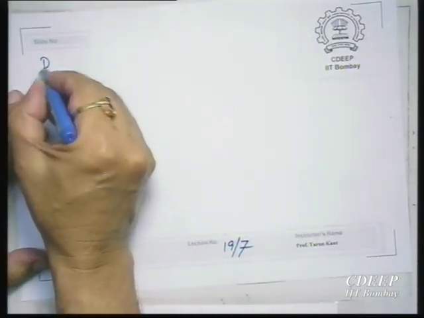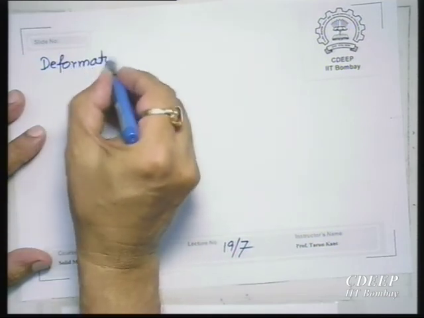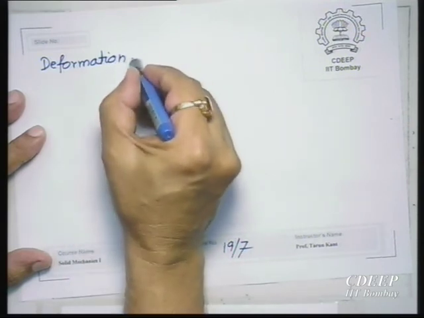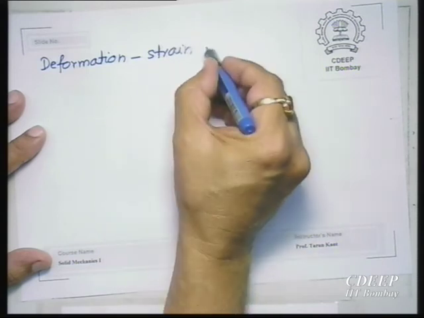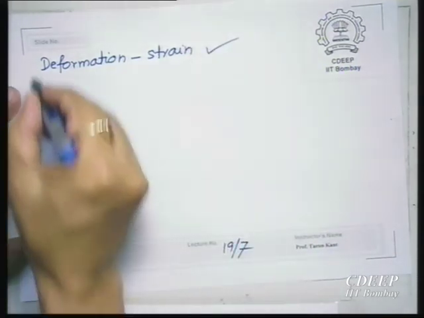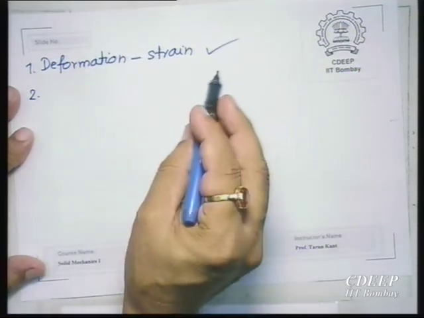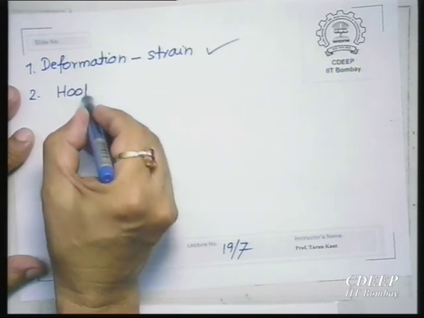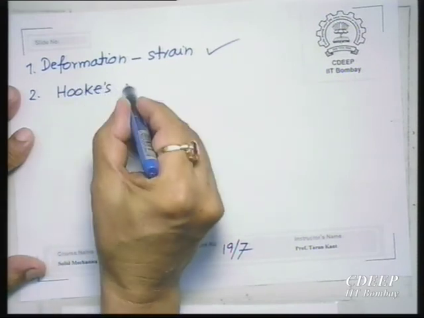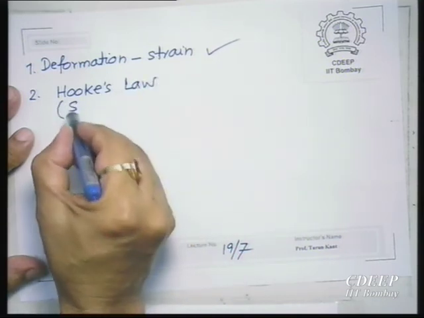So, we have studied deformation, and that led to strain. This has been done. Now, the next step is to relate strain to stress by using Hooke's law, which is also called the stress strain relation.